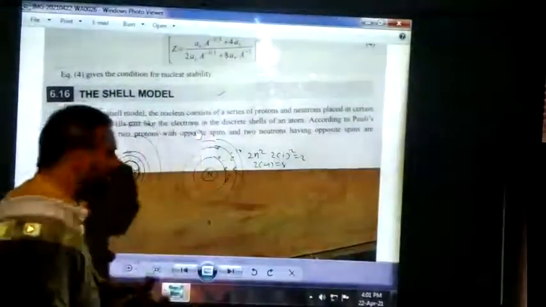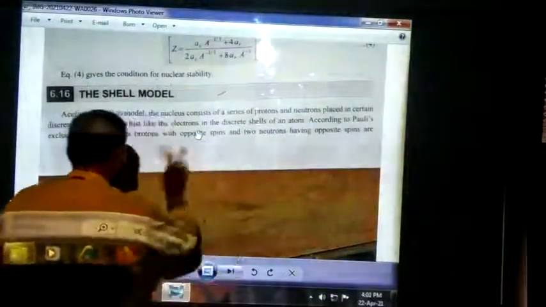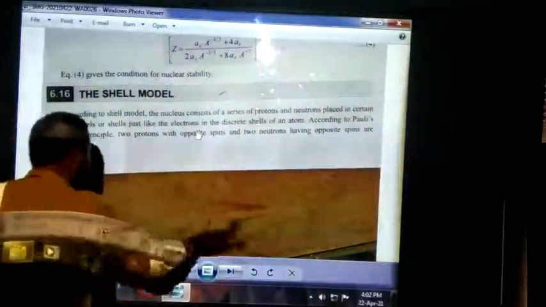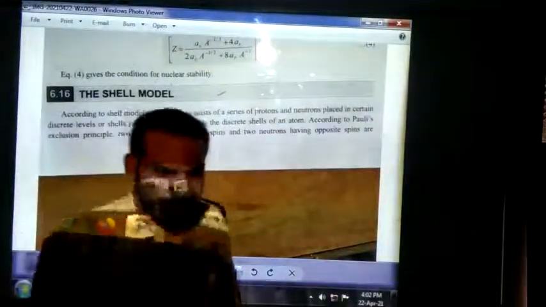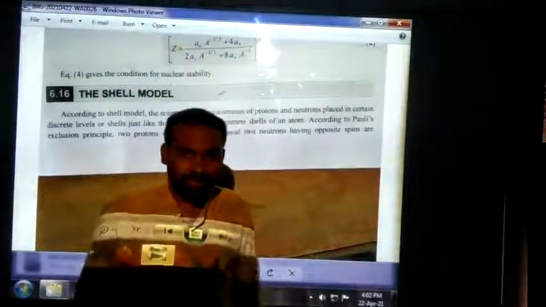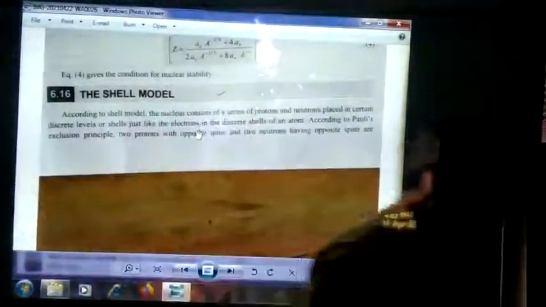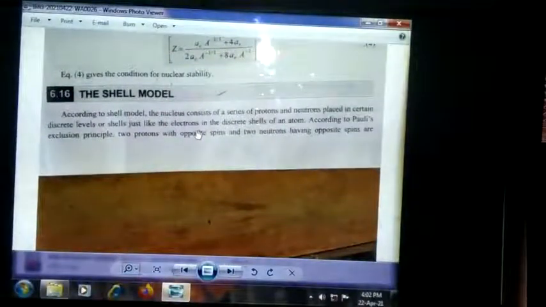According to the shell model, the protons and neutrons will be arranged in different shells inside the nucleus.